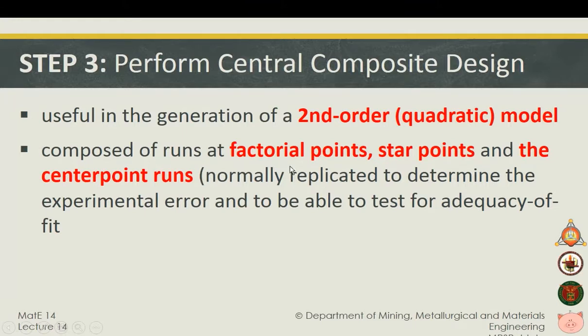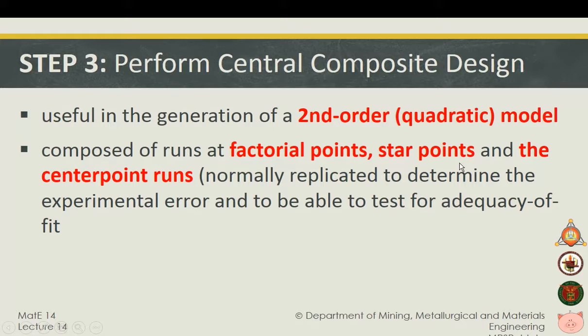So again, factorial points here is yung original 2 to the k settings, yung mga low and high settings, that's the -1 and the +1 coded settings. Then the center point runs are the 0 coded settings. And now we add what we call star points.